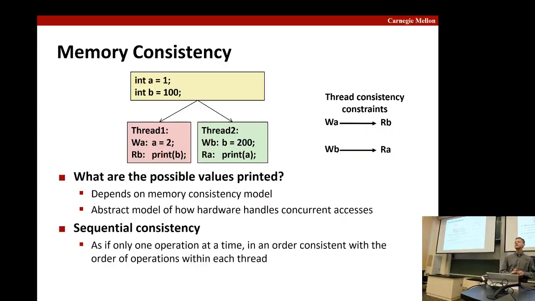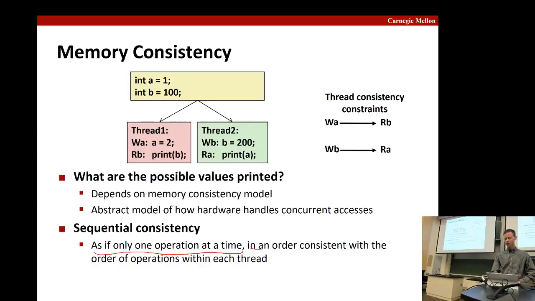Sequential consistency is the most popular, convenient model for memory consistency because it has a very simple way of reasoning about it as a programmer. The way you reason about it is that memory behaves as if only one operation occurred at a time. Even though there's a lot of parallelism, for correctness, only one operation appears at a time.